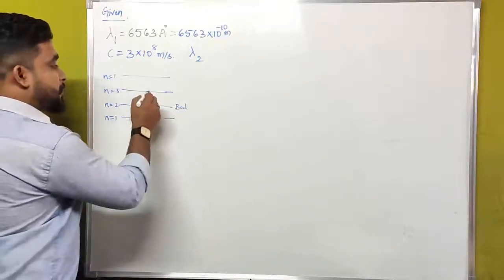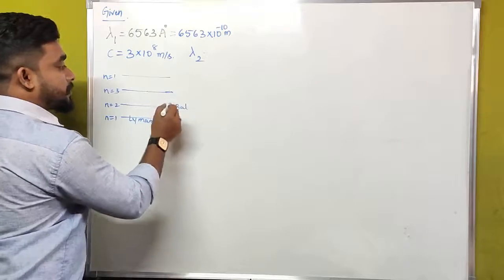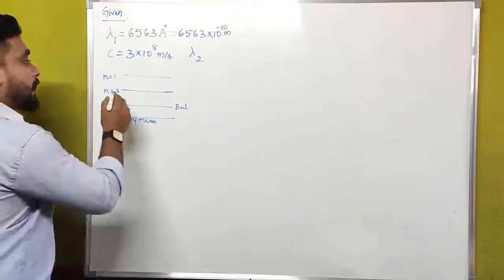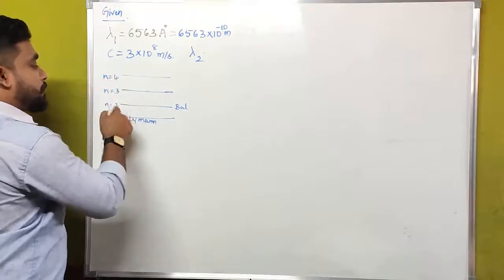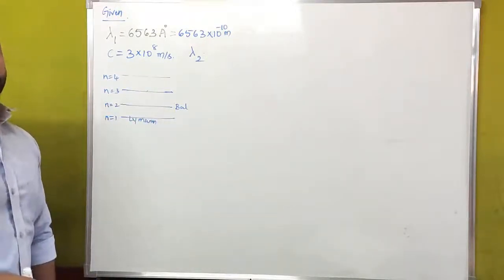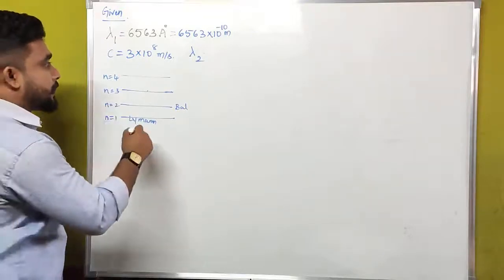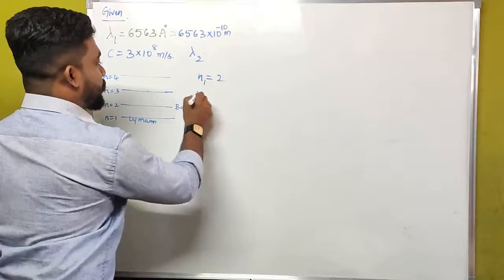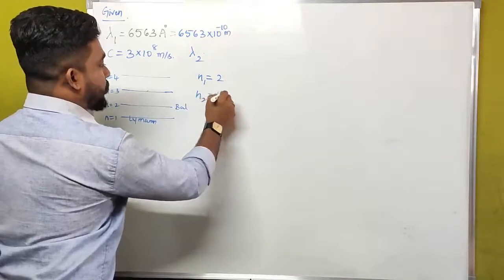First member means that is 3. In case of the Balmer series, n equal to 3 is the first member, and n equal to 4 is the second member of the Balmer series. That is why here we have to consider n1 as 2 and n2 as 4.